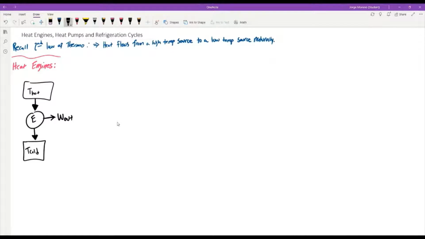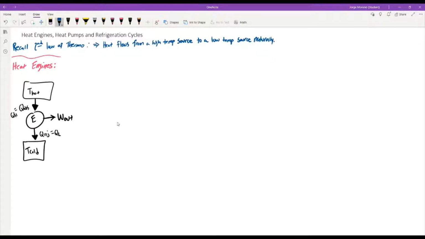And I'm going to call this Q absorbed. I'm going to call this Q rejected. So this can also be called QH for this case. This can also be called QL. QH meaning that it's coming from the hot, QL meaning that it's going to the cold.